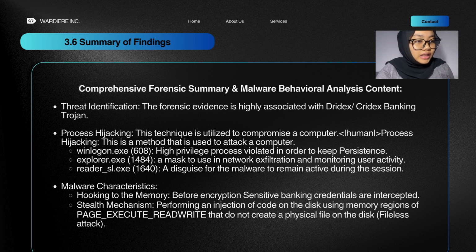Instead, it lived inside the memory space of trusted processes like winlogon.exe and explorer.exe. This allowed it to achieve persistence and evade detection, identified by specific memory regions with PAGE_EXECUTE_READWRITE permissions. We confirmed that this was a fileless attack, making it nearly invisible to traditional disk-based antivirus software.